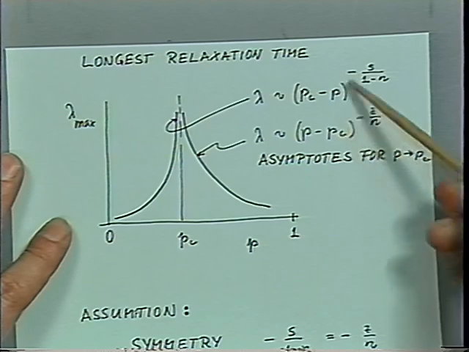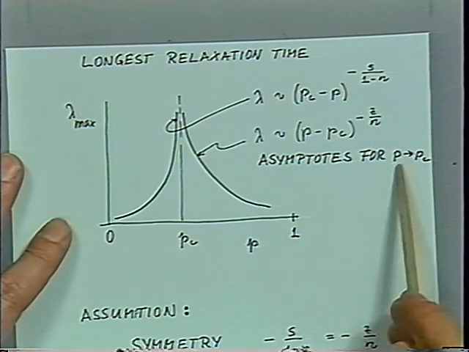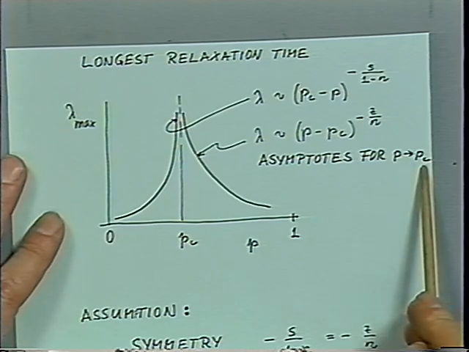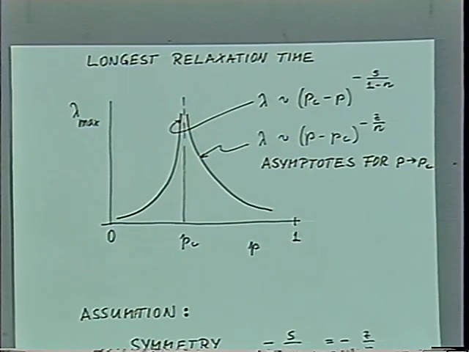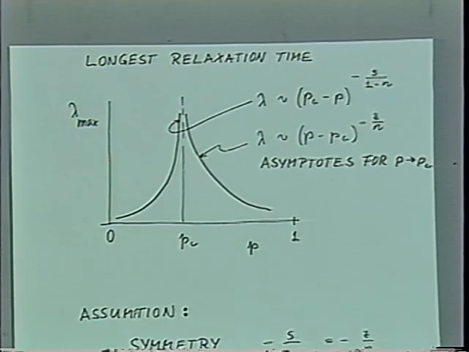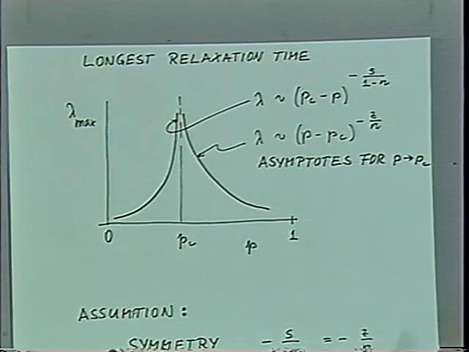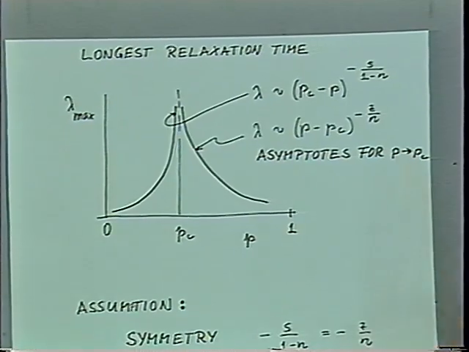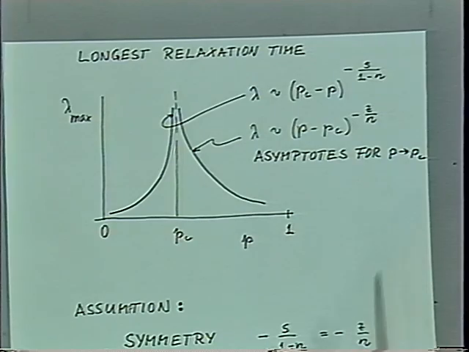Basically, those derivations describe the asymptotes for P, the extent of reaction, going to Pc. There are no assumptions involved in this case. We just took a reasonable definition for the longest relaxation time, and I think there's no problem with that. So we can use this result as an experimental observation.